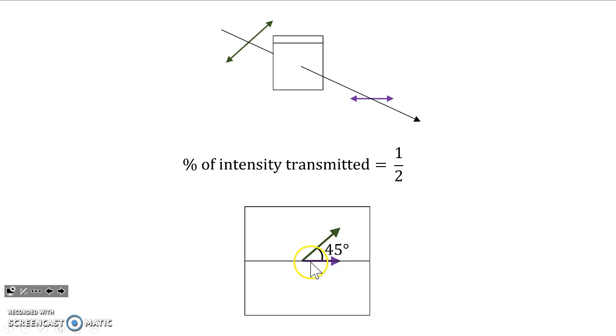So if we look at just this half and say, here's the amplitude, E max, the maximum electric field oscillation, how much gets through of this amplitude? E max cosine 45. And if we multiply the amplitude by cosine of 45, then we have to multiply the intensity by cosine squared, which we said was 1/2.